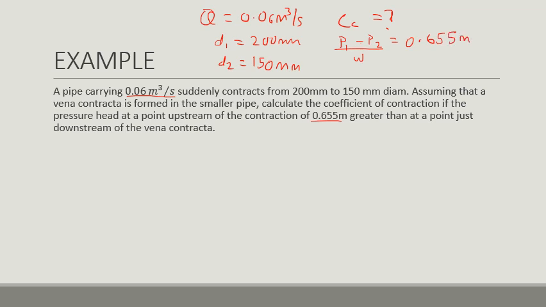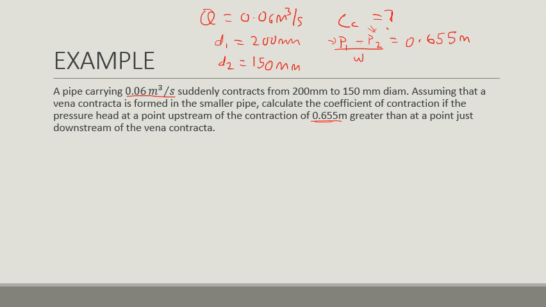So when they say a point upstream, that is P1, is greater than a point downstream, that is P2, this is the difference. We have to calculate Cc.